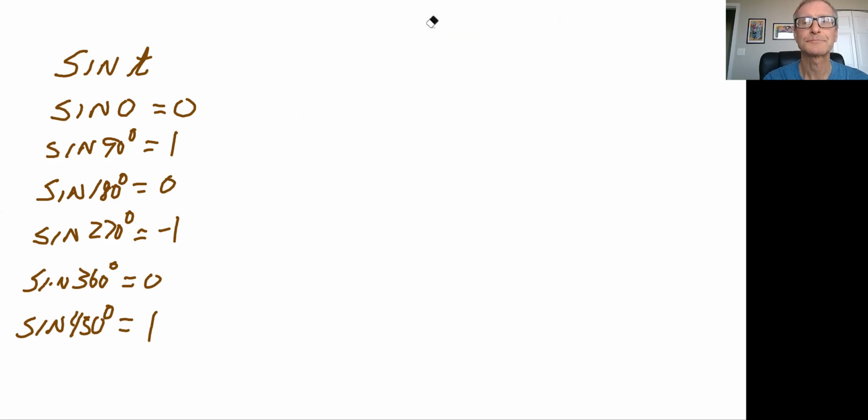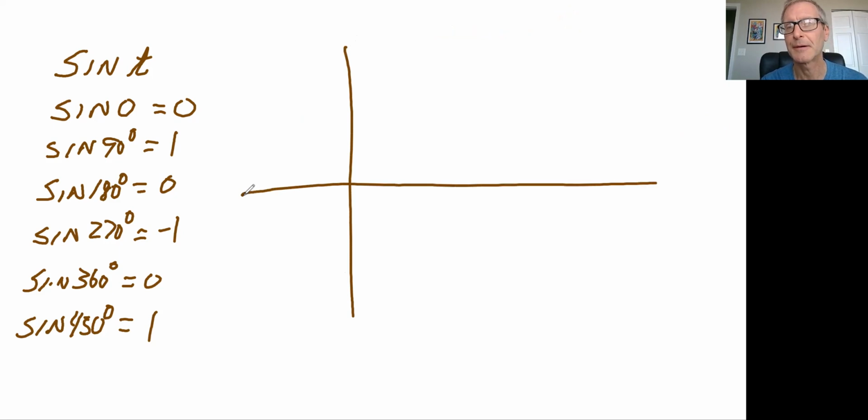We graph it on a Cartesian coordinate plane, where this value here is the value of the sine wave. Let's put, this would be +1, and this would be -1, and this would be t.